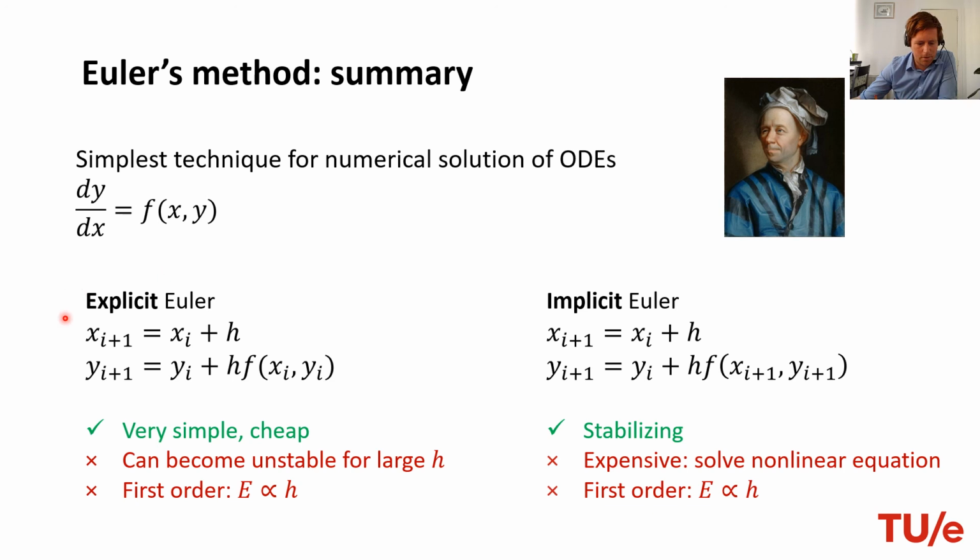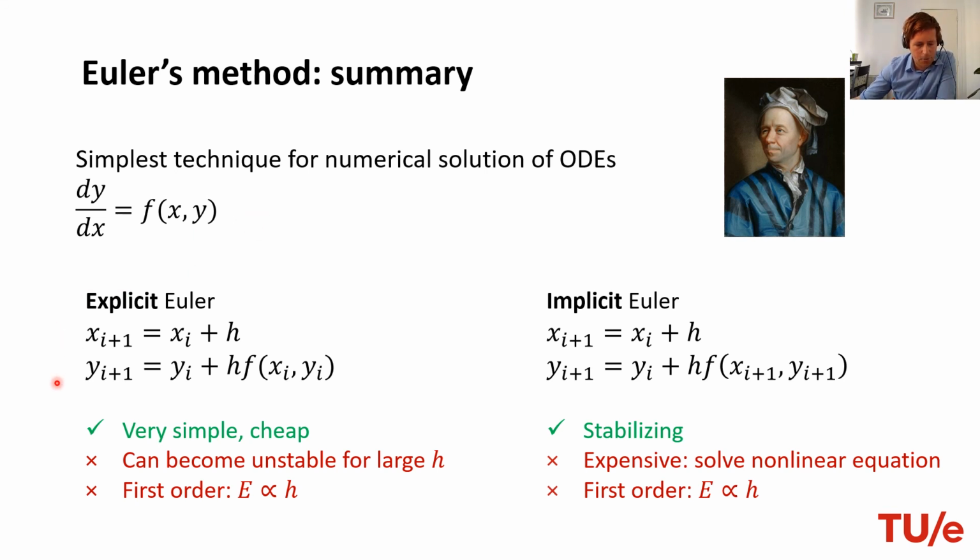Here I just want to reiterate these formulas. So we want to solve this ordinary differential equation, which is also equipped with an initial condition. So we want to solve an initial value problem.